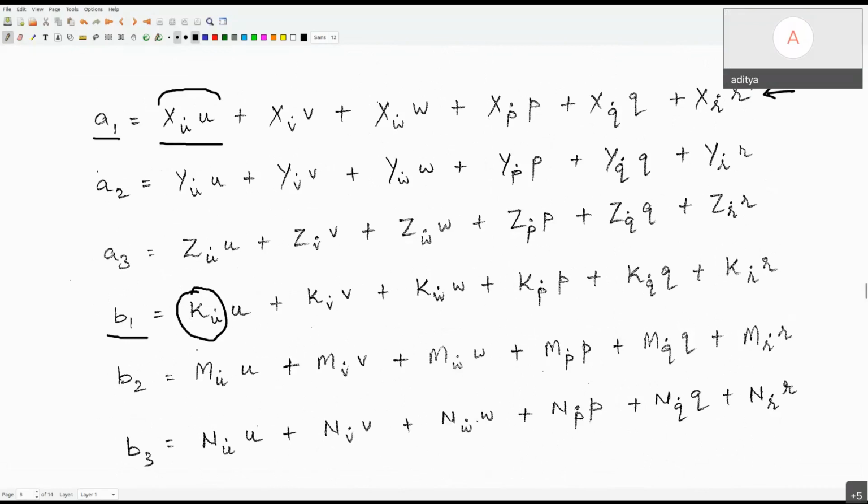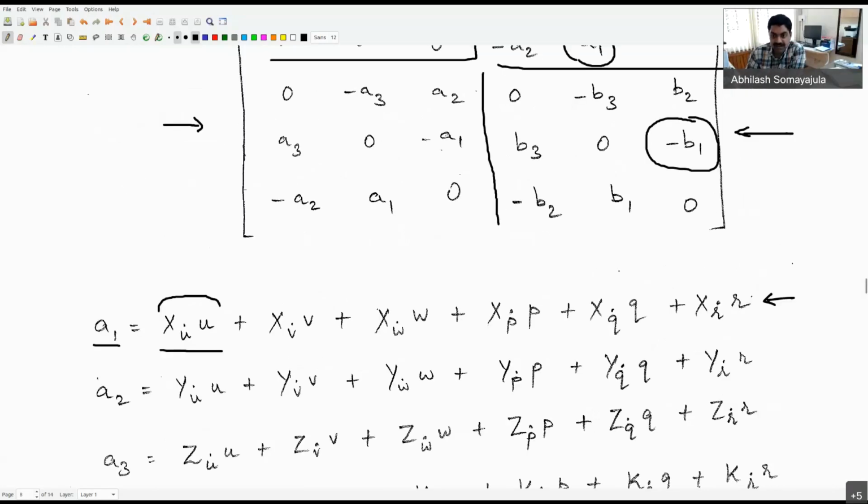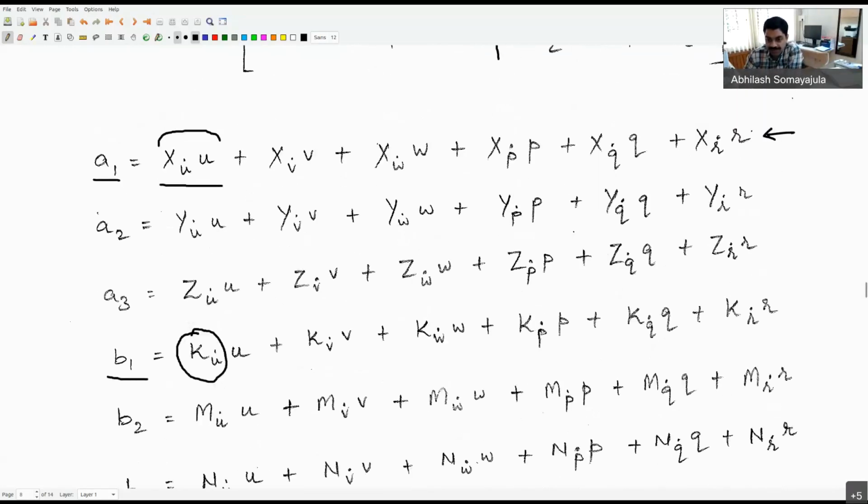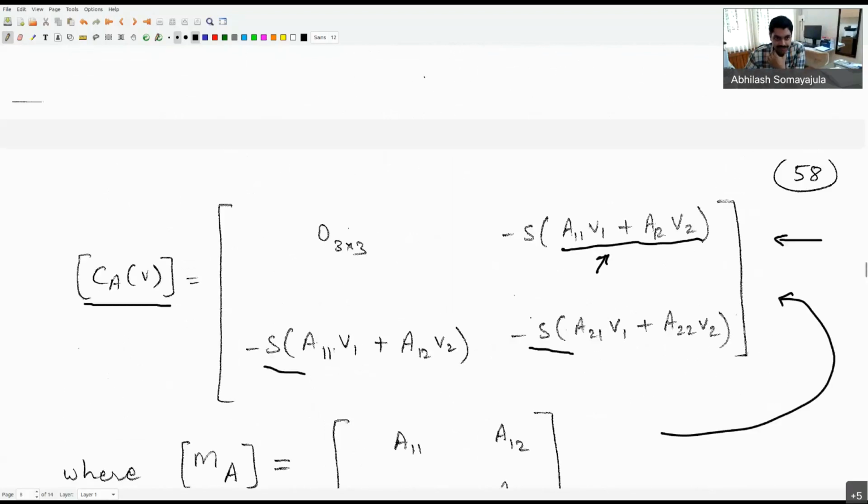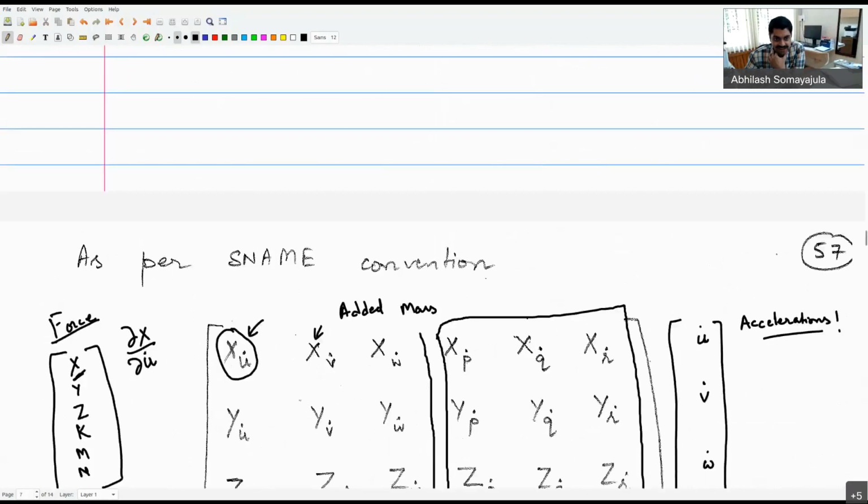So dimensionally you should get that as the moment. Everybody with me so far? Good question. All right, excellent. So that is how we parameterize the so-called Coriolis matrix for the added mass.